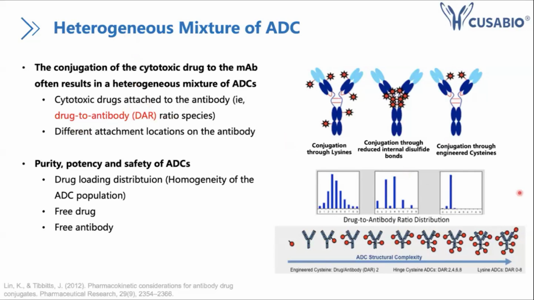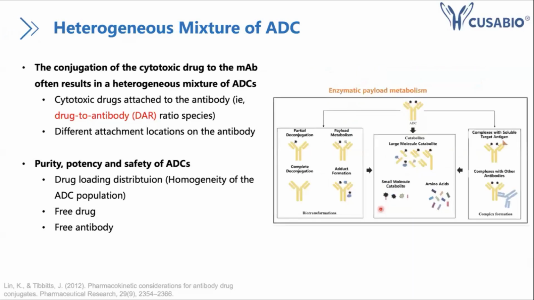And as I showed here, the payload can be conjugated to the antibody, and the conjugation location can also be different. These are different conjugation methods. And then you can see that the resulting DAR is different for each ADC. Since the DAR changes a lot, it results in a heterogeneous mixture of ADC.